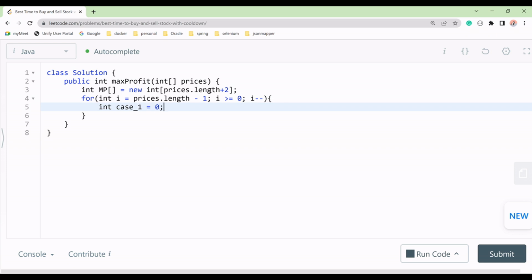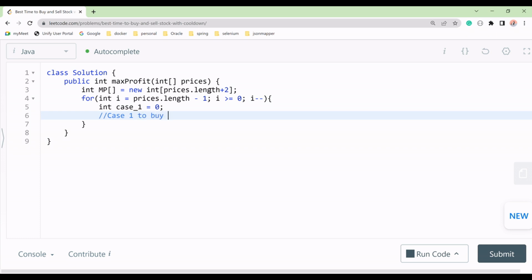This case 1 was for to buy and sell this stock, right?